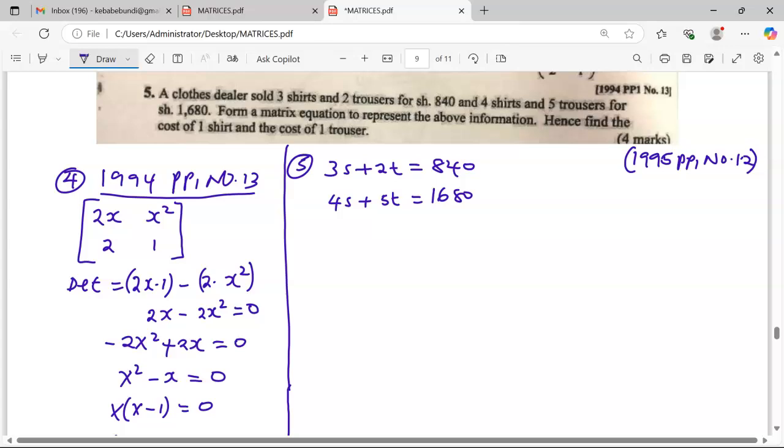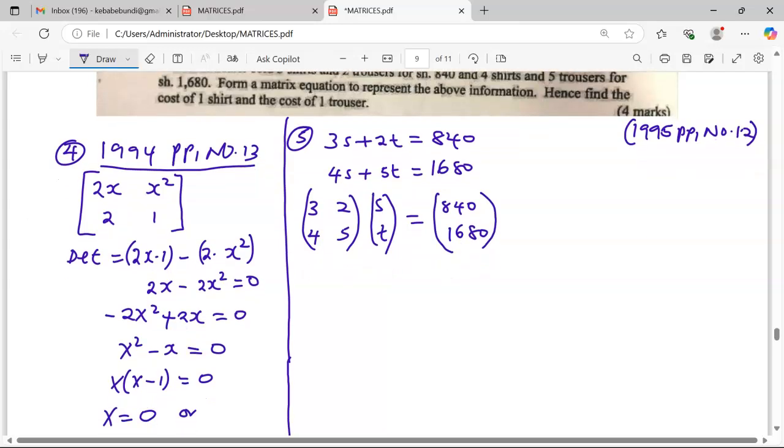We have been told to form a matrix equation to represent the above information, and therefore we are going to express the two simultaneous equations in matrix form. We are going to have 3, 4, then 2, 5, times S and T, which are the unknowns, equal to 840, then 1680 as our constants.